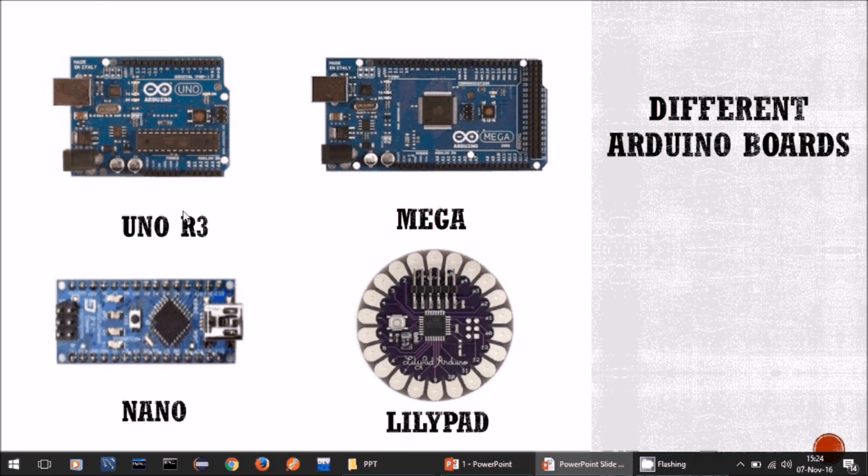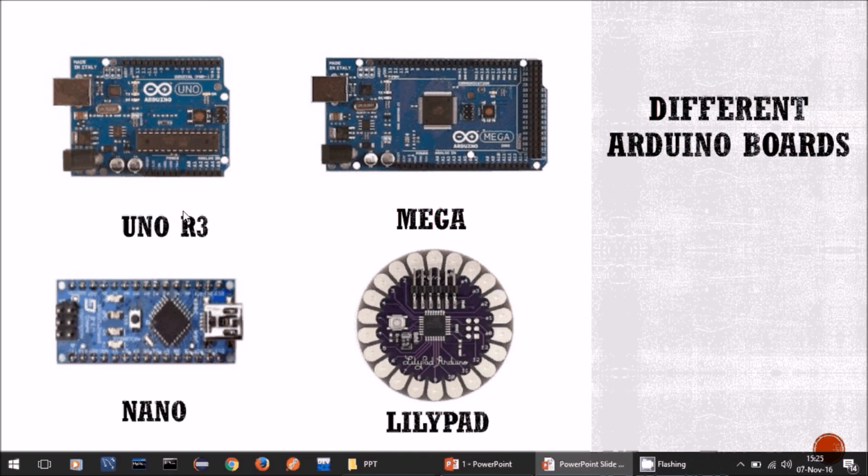So here are the pictures of some of our Arduino board. Arduino Uno R3, it is the most popular one. It is used by most of our user, and it is majorly used in the educational purpose also. The second picture you can see Arduino Mega. It do have lots of pin as we have discussed earlier. Third one is Nano. It is as the name, it is of nano size. You can say it is of 1 to 2 inches of sizes.